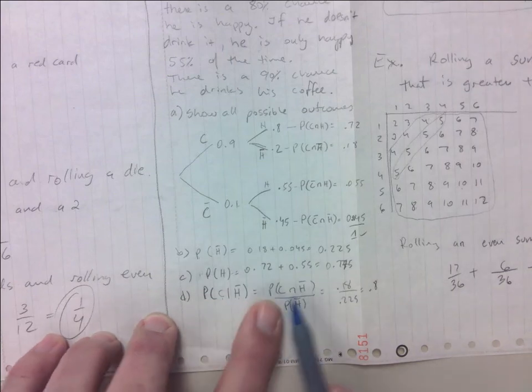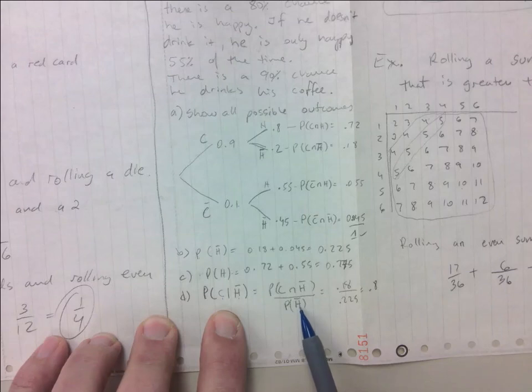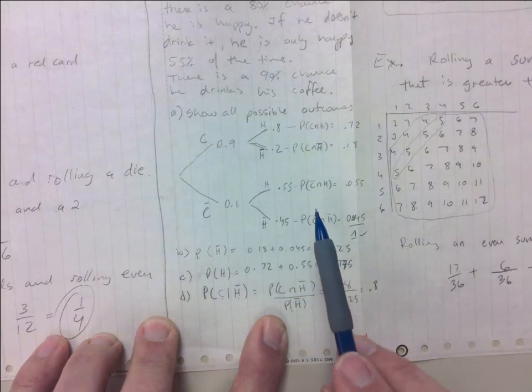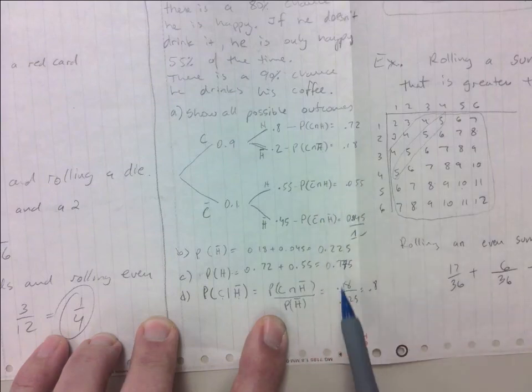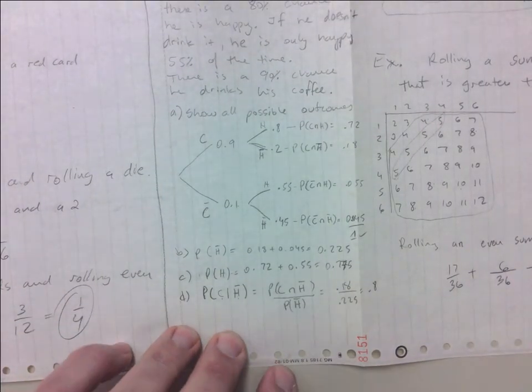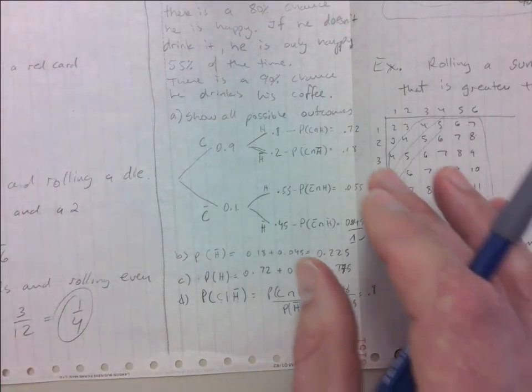So you have both of these, and it's this one that goes down here, not happy, right? So I go get this one from my tree. Having coffee and not happy would be right up here, 0.18. And then probability of not happy, I already figured it out earlier, it's 0.225, and so that's 80% chance, okay, that happens. So this is conditional.